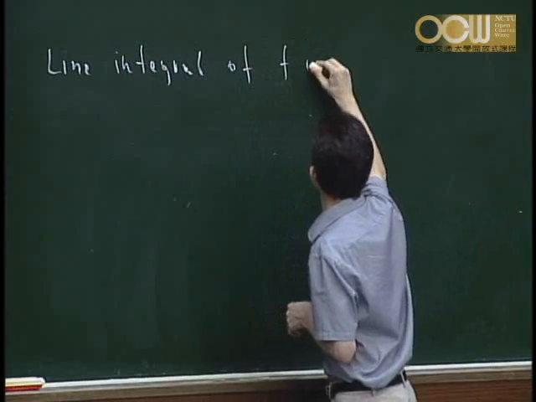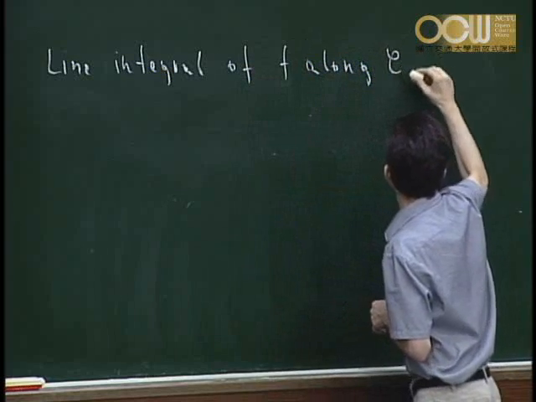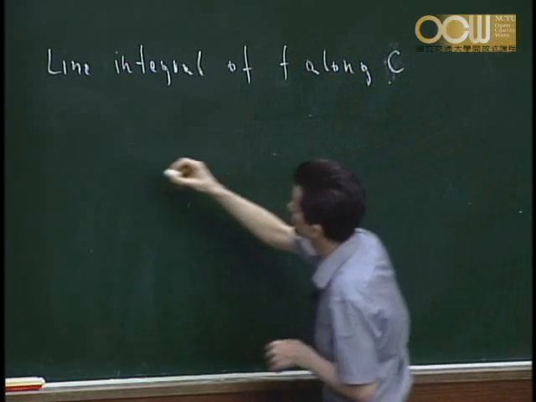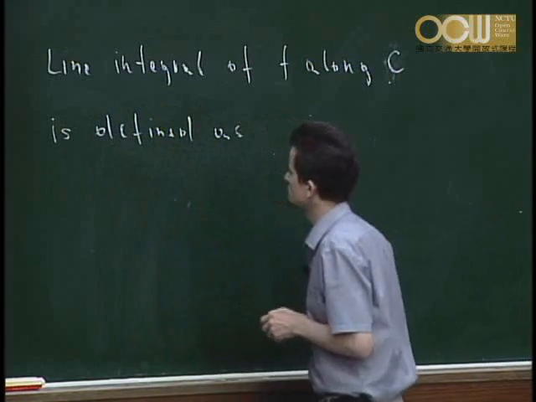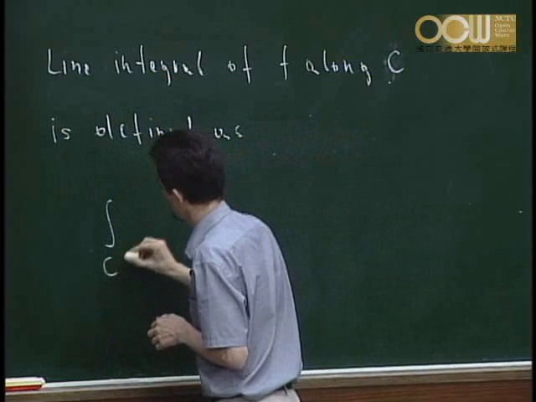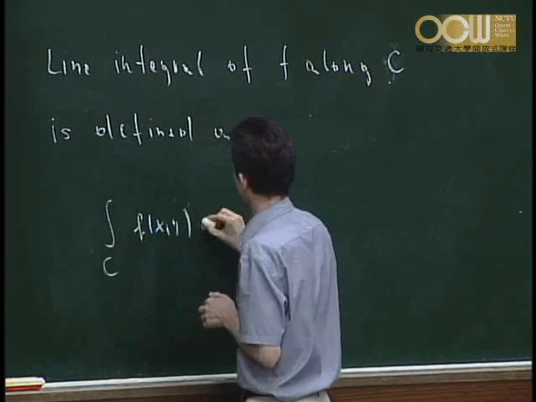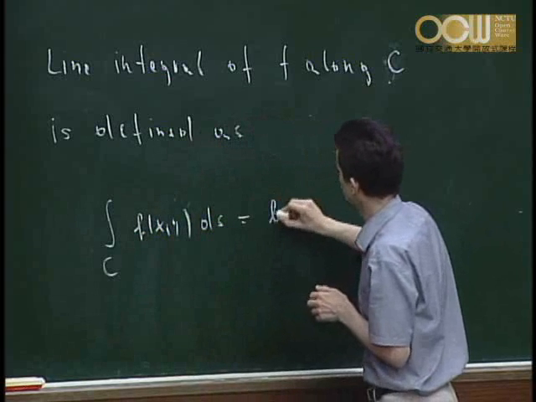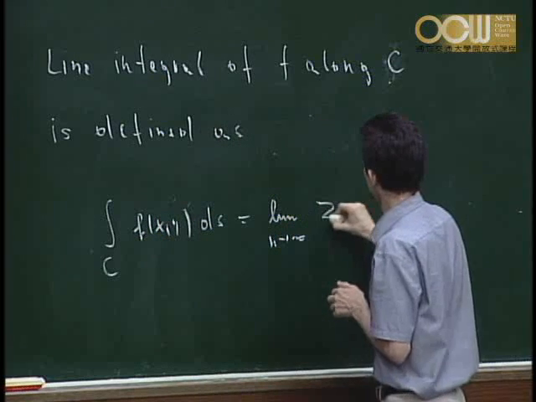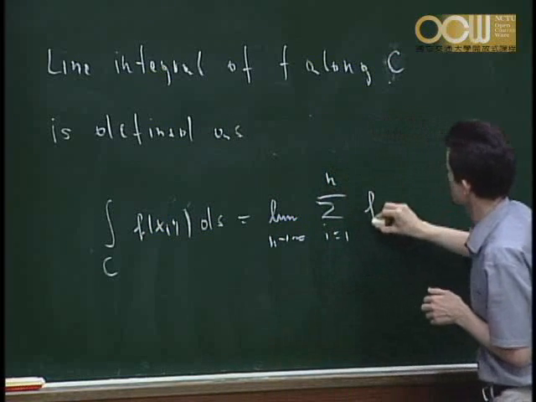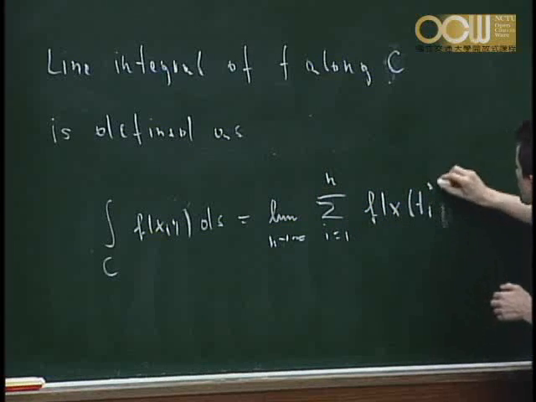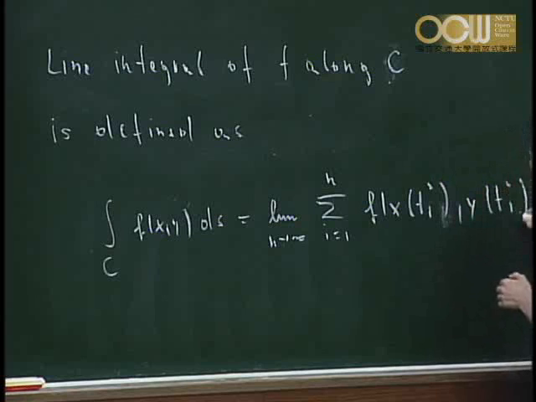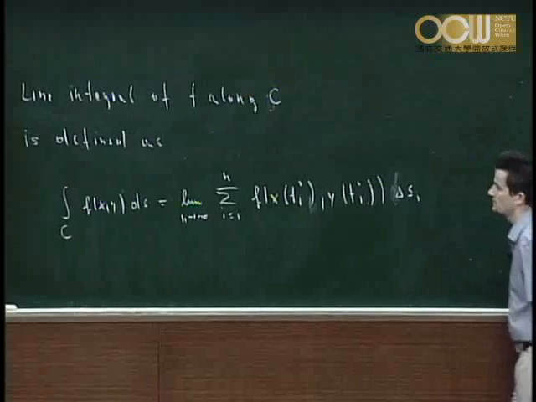Of f along C is defined as, once more, so we use this symbol here, the integral of f of x, y ds is equal to the limit as n tends to infinity of the sum of f of x at some sample point, y at some sample point, times the arc length.